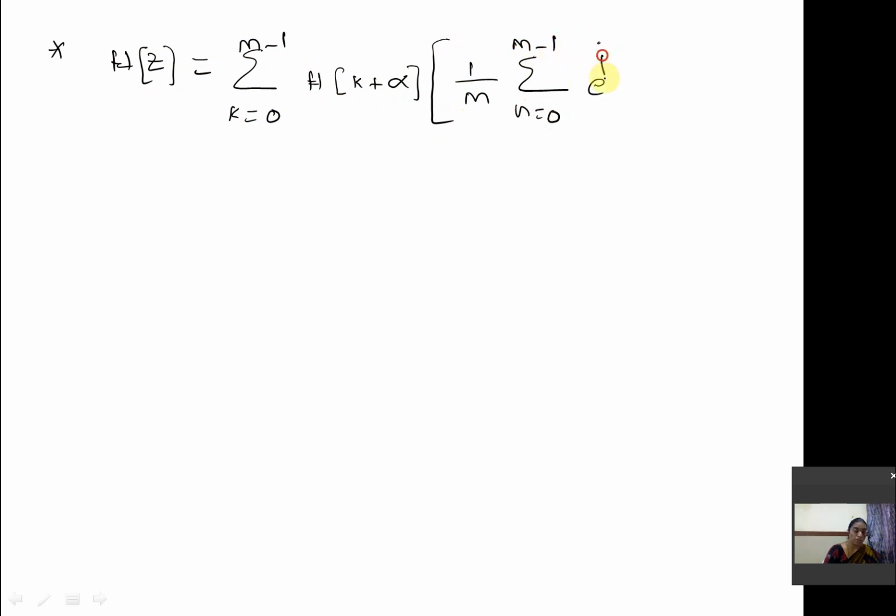Now e power j 2 pi (k plus alpha) by M into n is there, and also in the z power minus n, also n is there. Now I am taking that one as z power minus 1. Here combinedly I am writing like this, whole power n. Okay, see this.